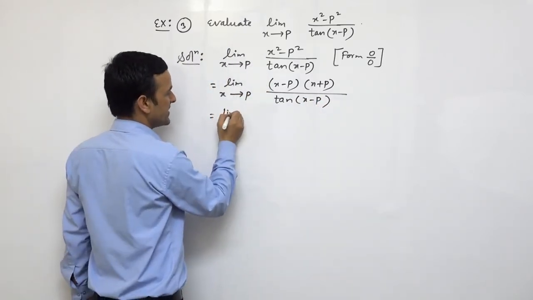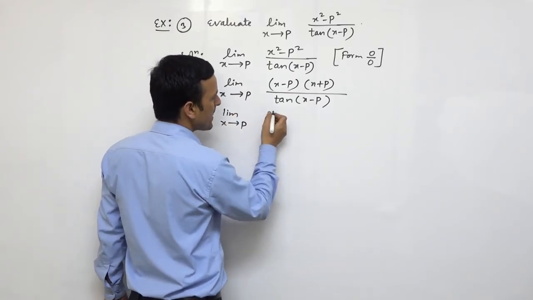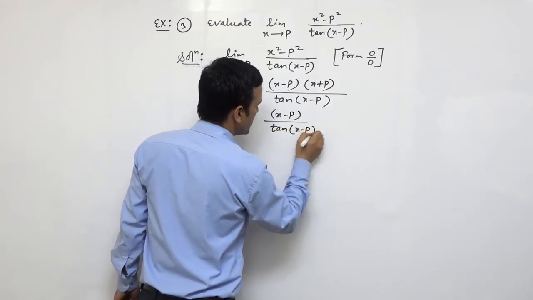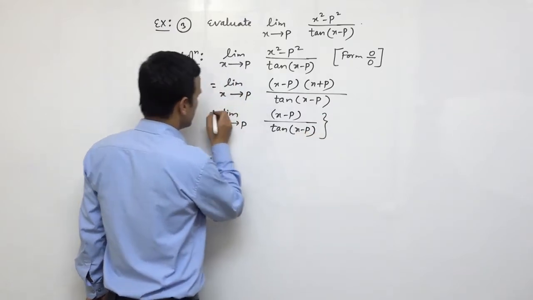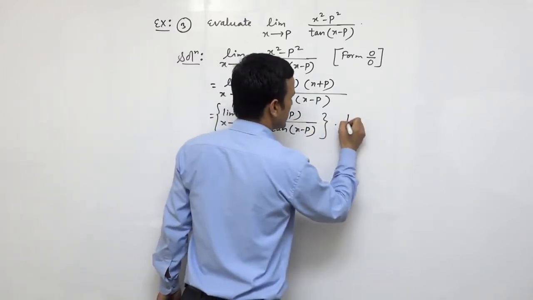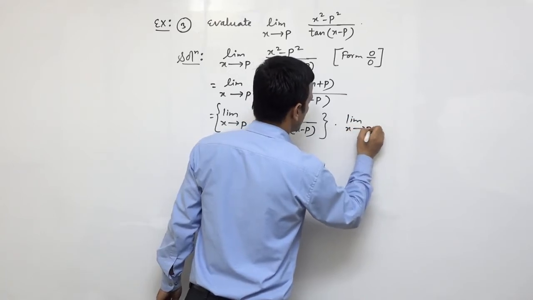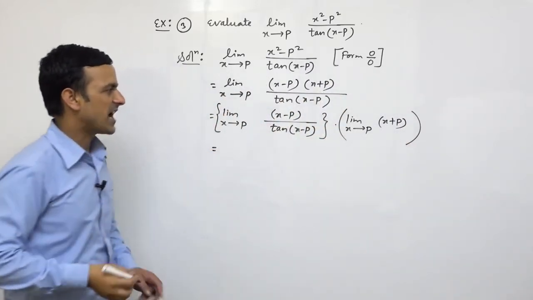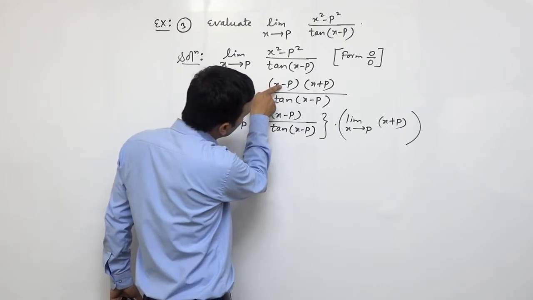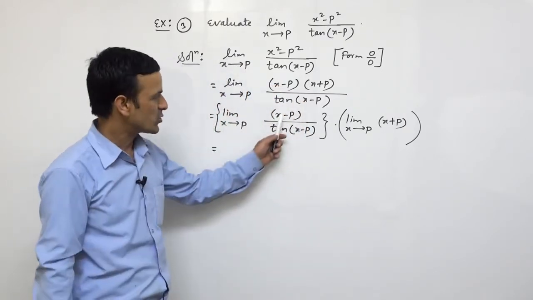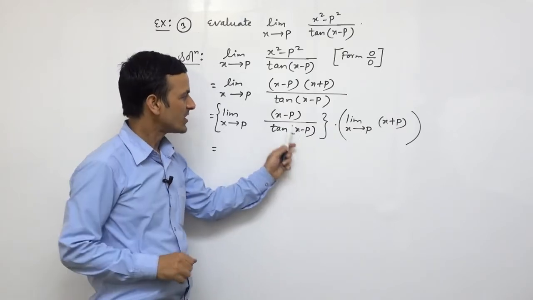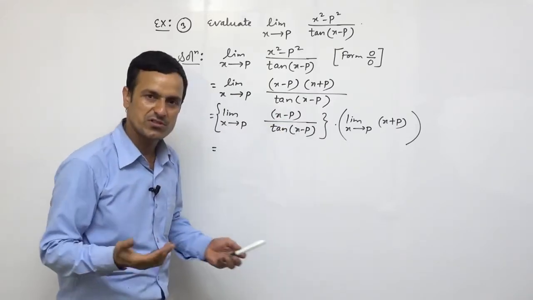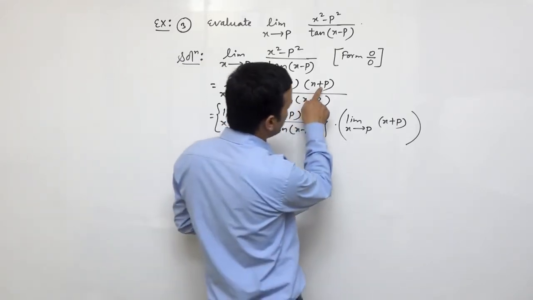Now we can arrange like this: limit x tends to p, x minus p divided by tan x minus p, this term will be 1, and limit x tends to p of x plus p. This is how we arrange. We have just arranged this term and this term. What is the objective of this arrangement? This will be 1; we can use the property, the rule. And we have the remaining term, this one.